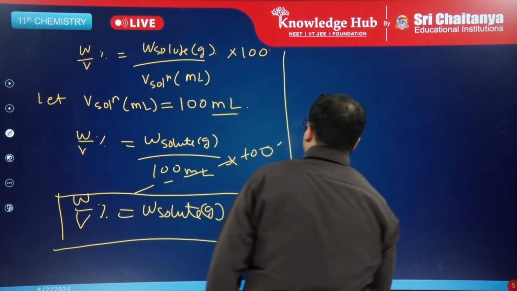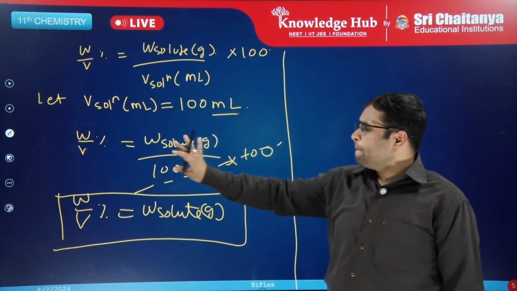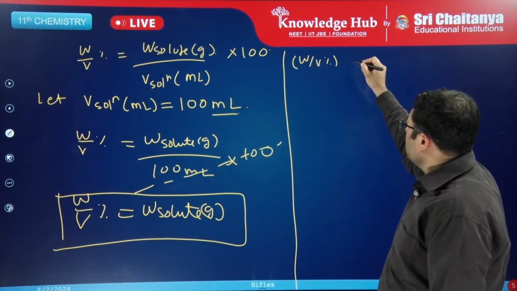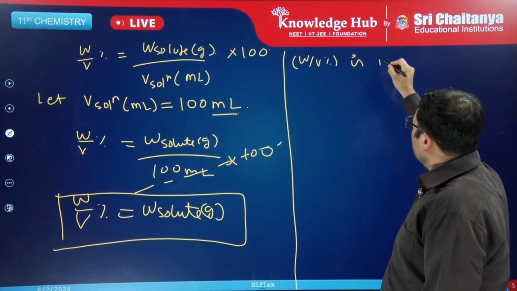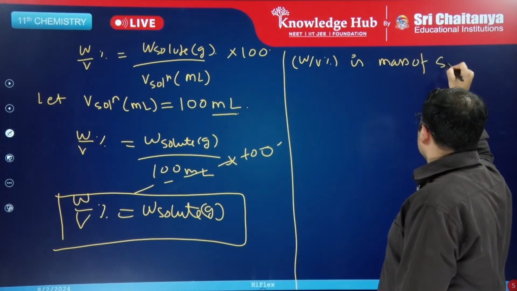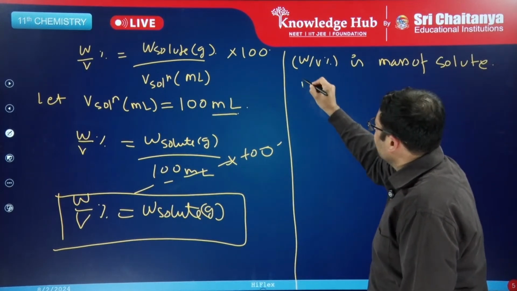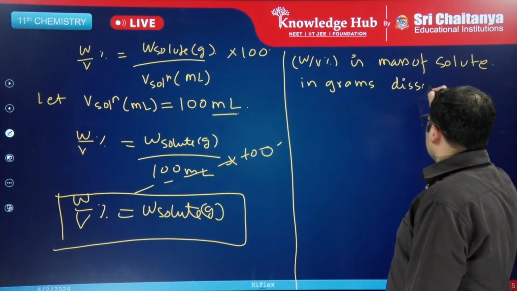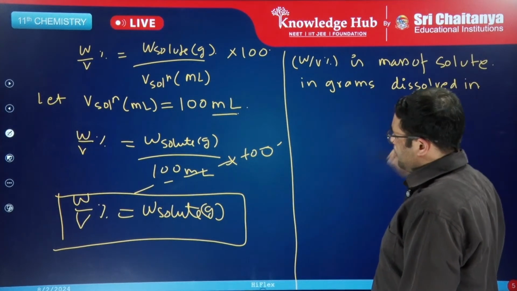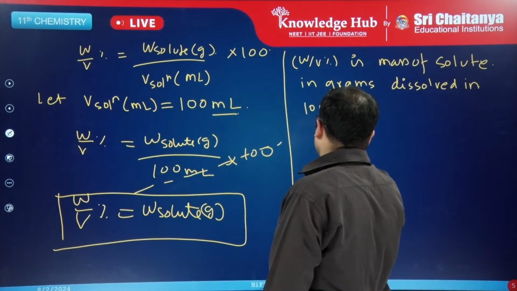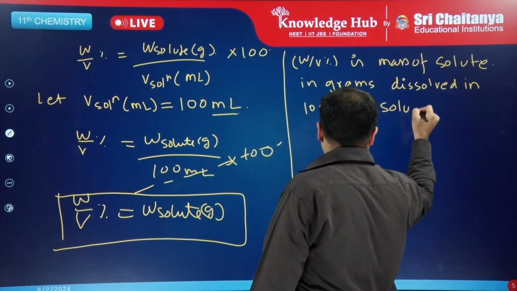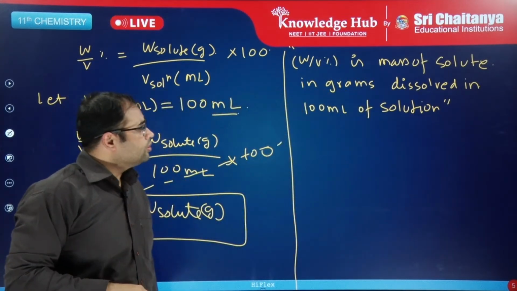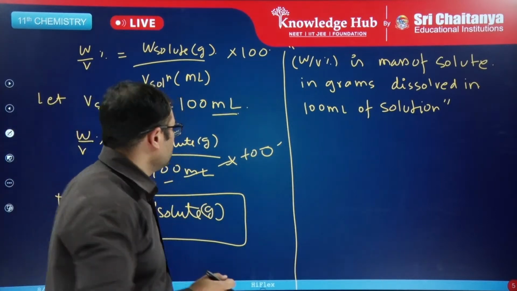So now, what I can say, weight by volume percentage is the mass of solute in grams dissolved in 100 ml of solution, right? So this is your weight by volume percentage.